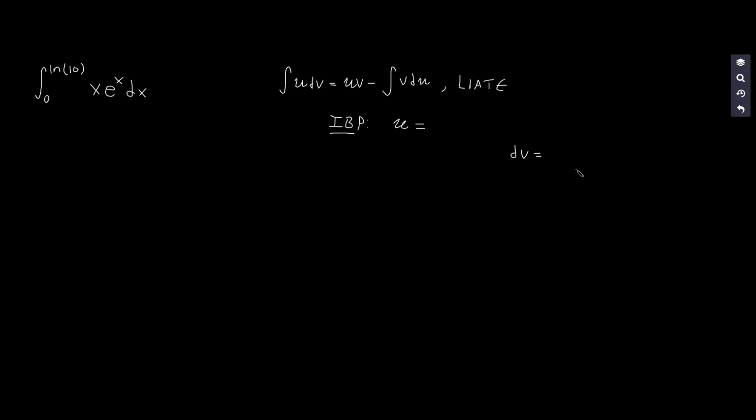For u, we're going to assign it to be x, which means dv is going to be the exponential. The derivative of x is going to be 1, or dx. The integral of e raised to the power of x is going to be e raised to the power of x.